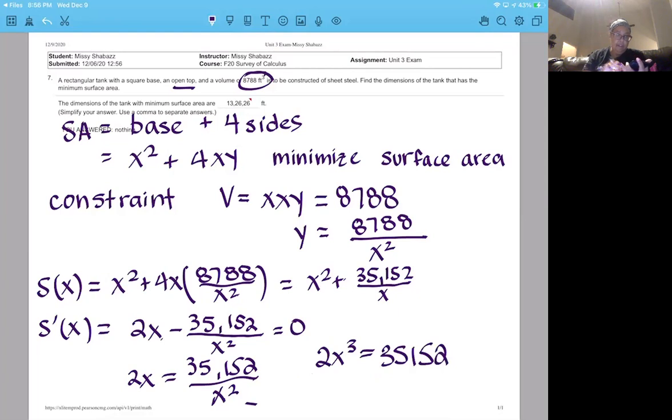And let's divide that by 2. 17,576. And I'm going to take the cube root of that, or just raise it to the 1/3 power. And I get 26.